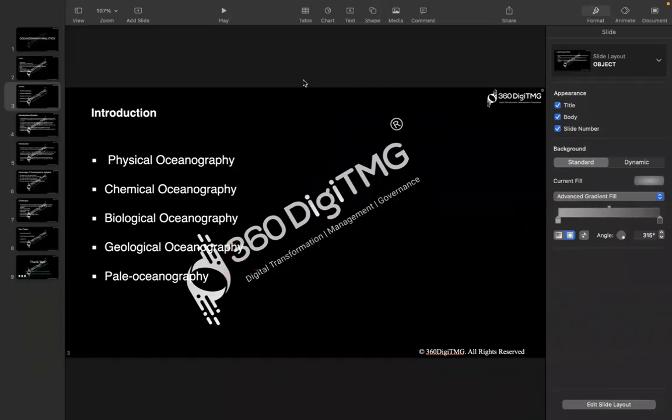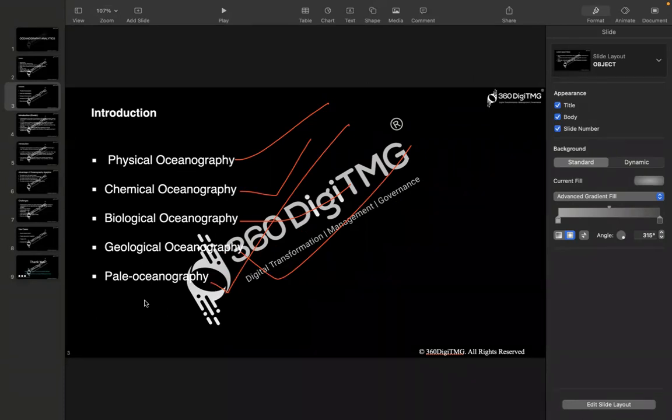So as we move forward, we have done with all these things. We have done with physical, chemical, biological, geological, and paleoceanography. So we have done with these 5 modules of oceanography analytics.